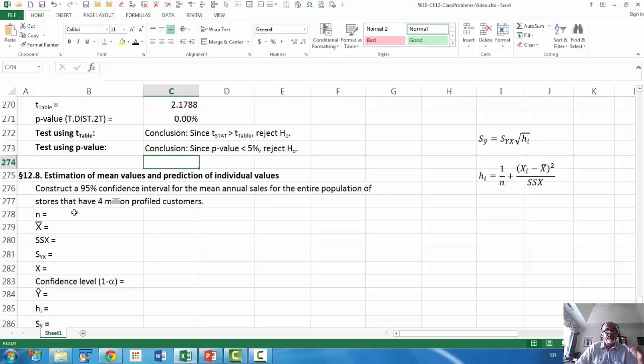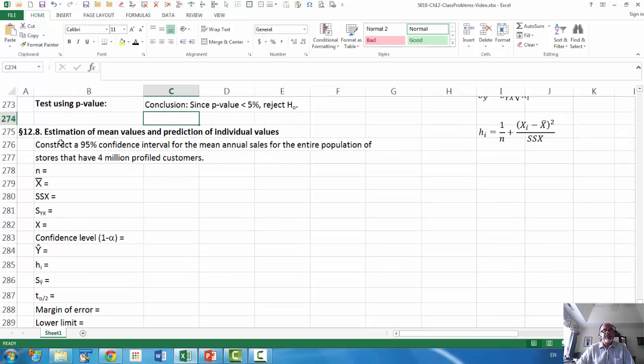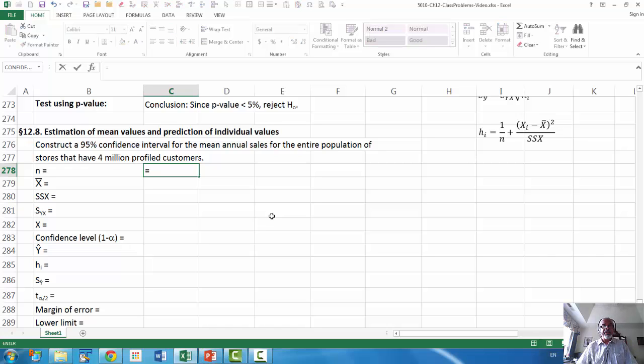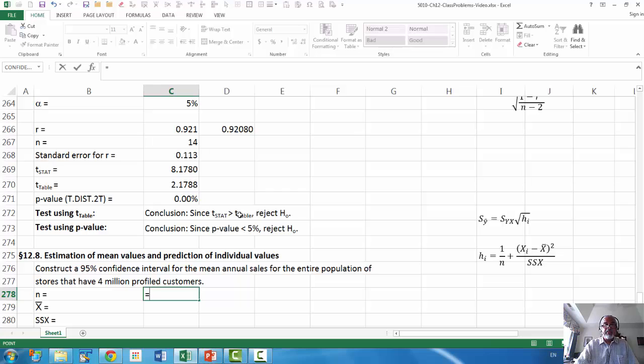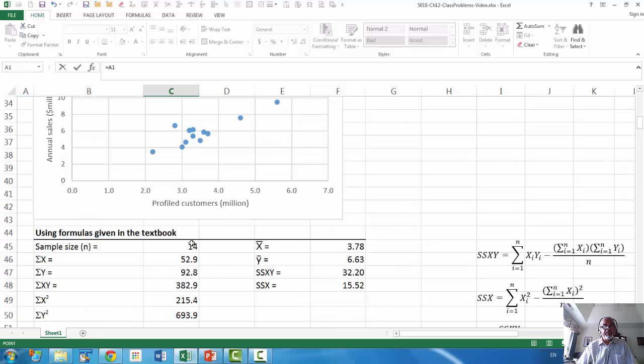So here is a question. Construct a 95% confidence interval for the mean annual sales for the entire population of all the stores that have 4 million profiled customers. So let's assemble the needed information. We need n, which is at the top right here.